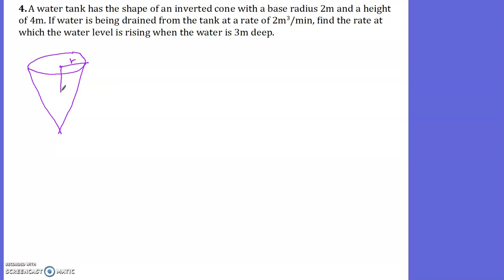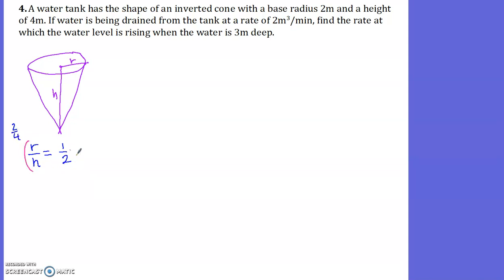So we've got our radius and our height. Okay. For every single cone problem, I'm going to set up a proportion. So R over H, the radius is 2, the height is 4, so that'll be 2 over 4, which reduces to 1/2. Okay, so I just went ahead and took that 2 over 4 and reduced it.